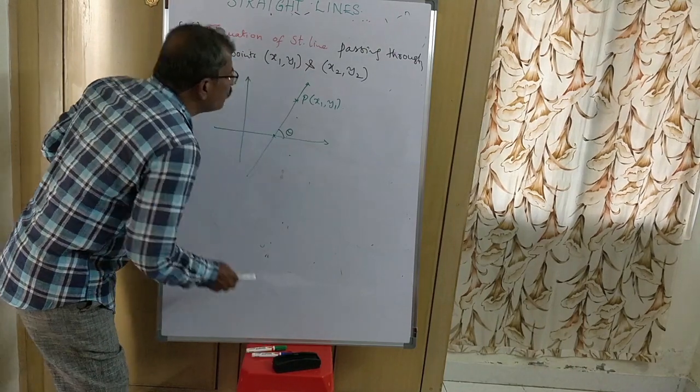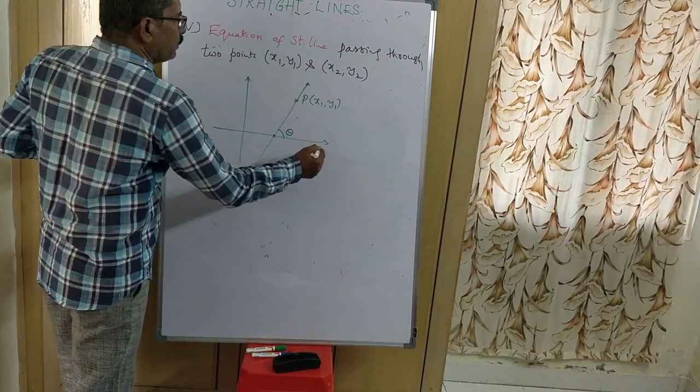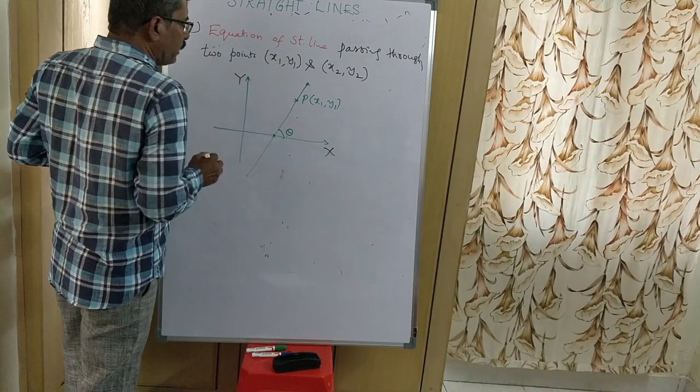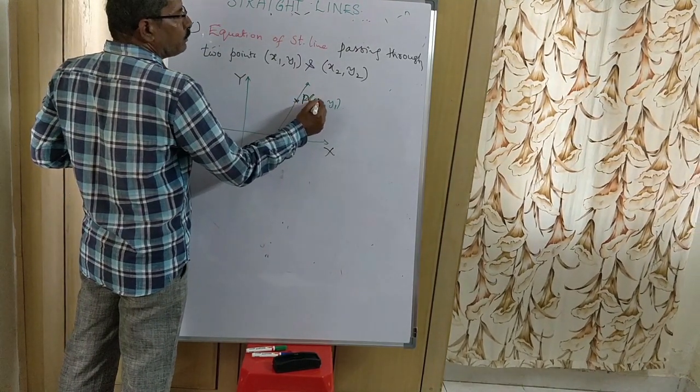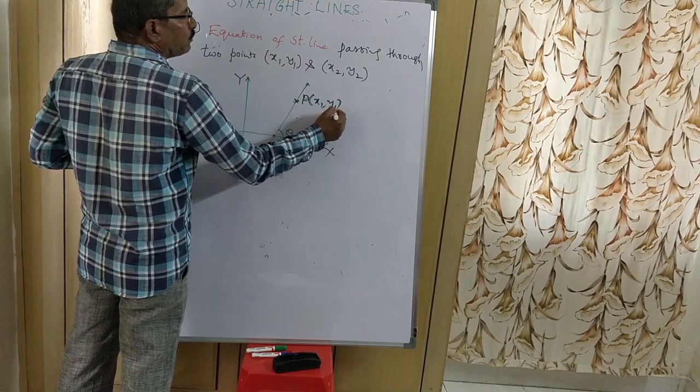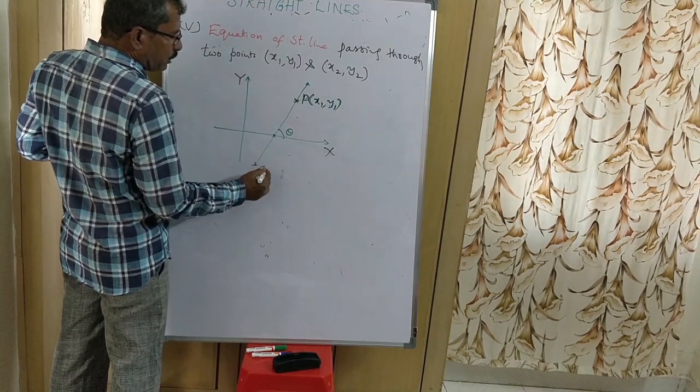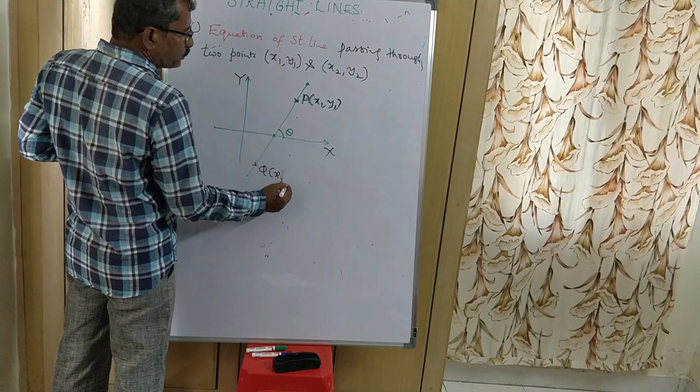Say this one is x-axis, this one is y-axis. On this, P is a point with x1 comma y1 and Q is another point with x2 comma y2.